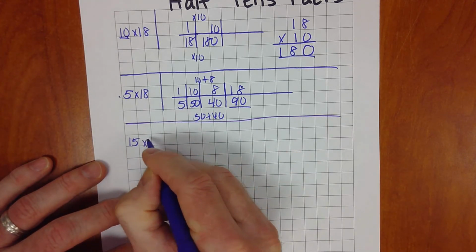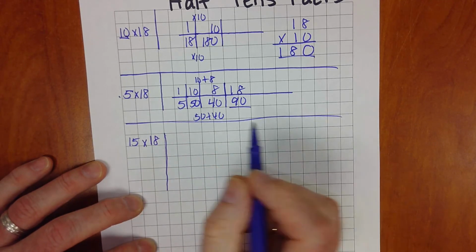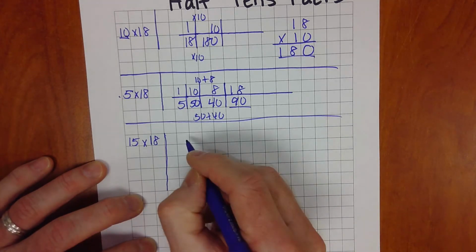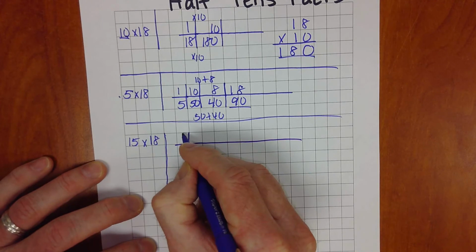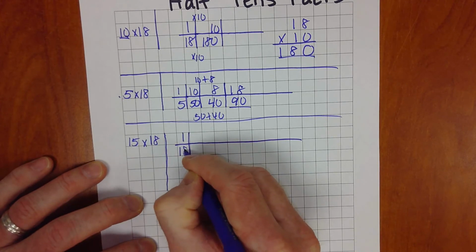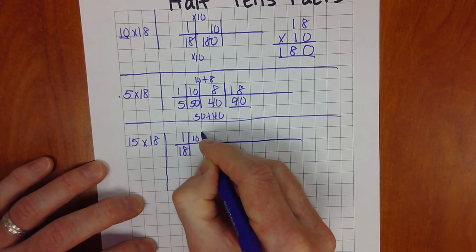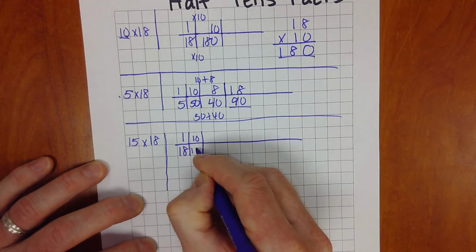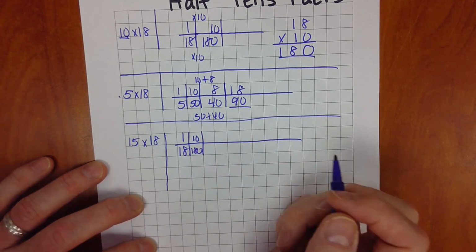15 times 18. Very similar. 10 times 18, 5 times 18, now we have 15 times 18. Solving it with a ratio table. Starting again with one group of 18s, jumping right away to 10 groups of 18, which we know from our first problem was 180. Now we still have 5 more to account for.